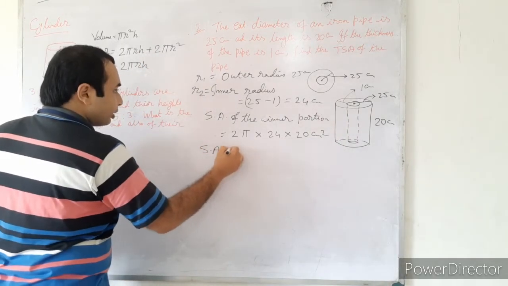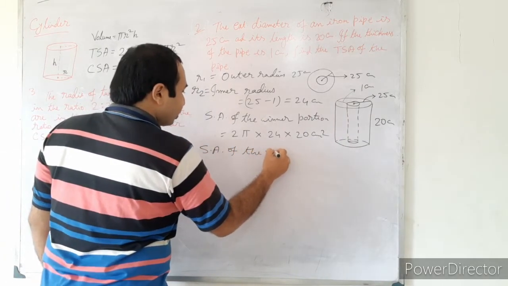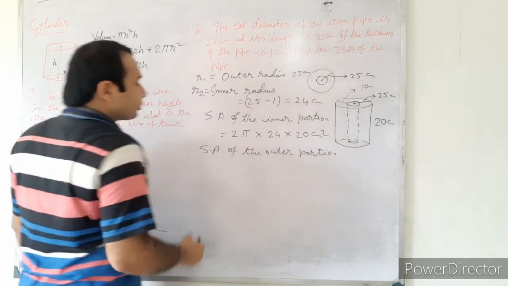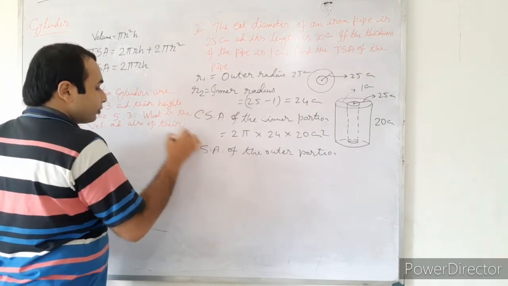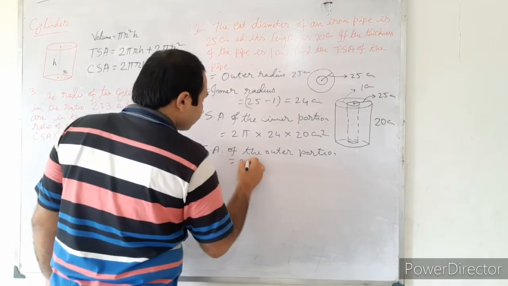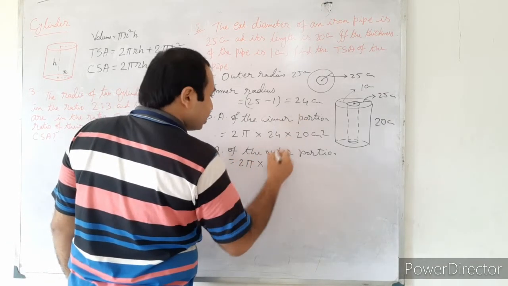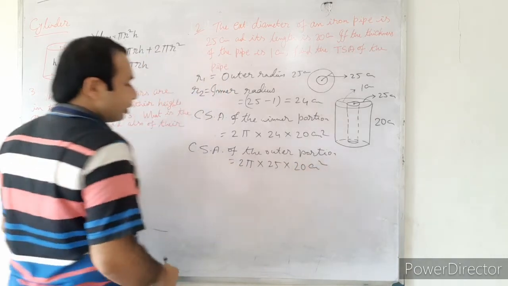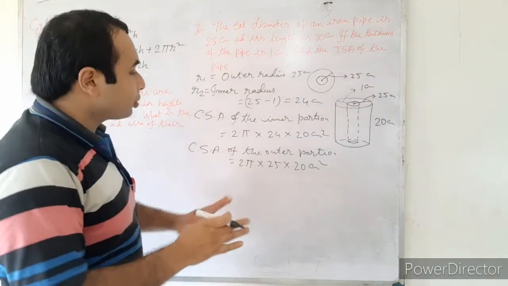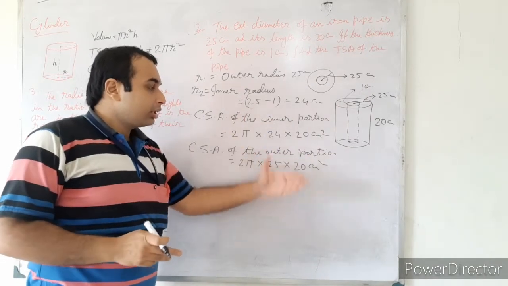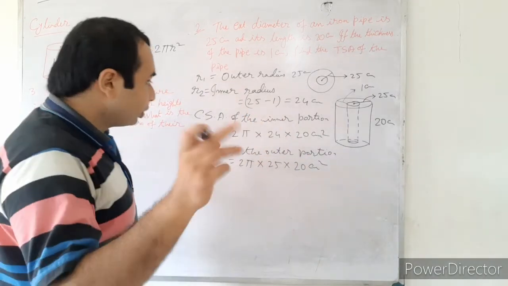Surface area of the outer portion. Here I am finding only the curved surface area. You can write curved surface area here also. The curved surface area of the outer portion, the same thing, 2 pi R H. So 2 pi into R means here now 25, into H means here 20 centimeter square. Just see, here there is no need to do the calculations. If you do those calculations, then the sum will be long. So no need to do those.